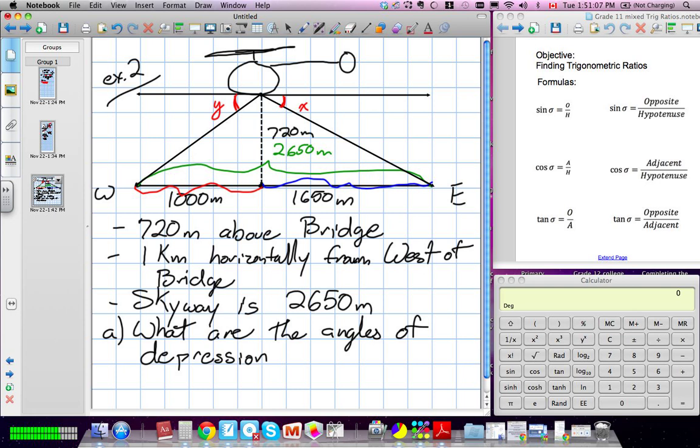Does anyone know where in the triangle or what angle in the triangle would be equal to this angle X? Brendan. That's right. That Z formation, that's right. What we have here is this X angle here is actually going to be the exact same as this one here because we have two parallel lines.